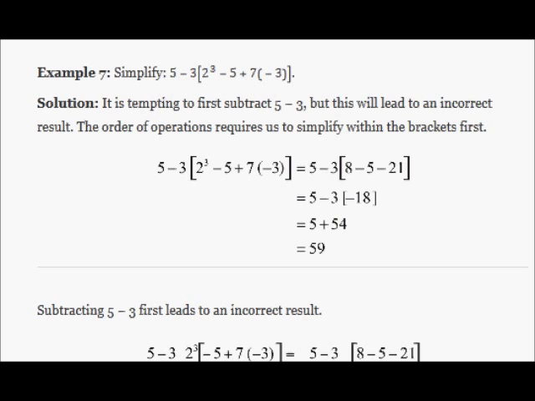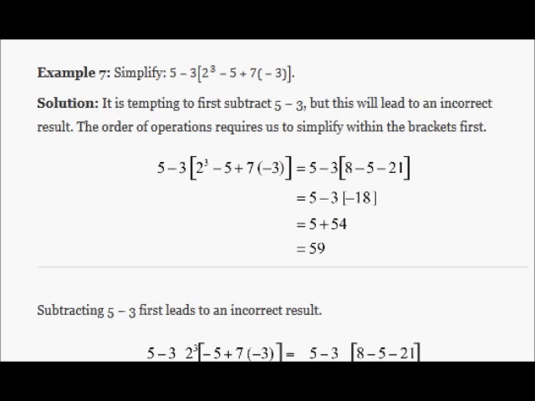And inside the bracket, we don't have any more parentheses to deal with. We do have exponents, multiplication, subtraction, and addition. So let's do exponents first, right? Going by PEMDAS. 2 to the power 3 is 2 times 2 times 2, which is 8. Then we have subtraction, addition, then multiplication. 7 times negative 3 is negative 21.